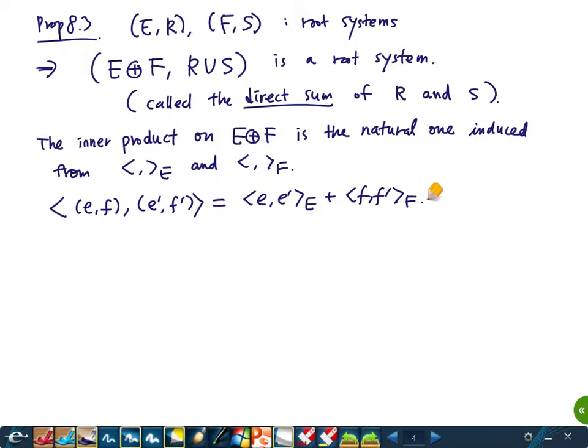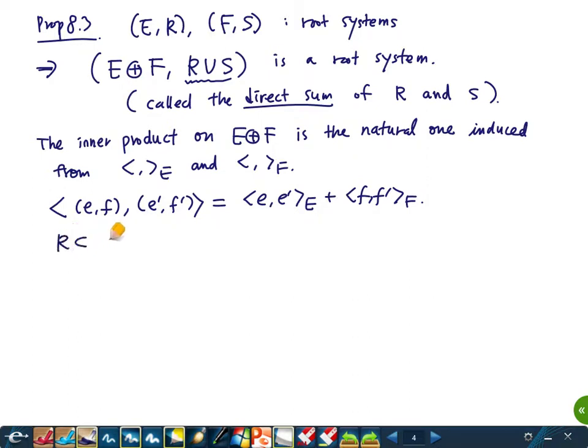Of course, we have to say a little more precisely what these elements are. Technically, R is in E and S is in F, so they are not really elements of the direct sum. But there is a natural way to embed them inside it.